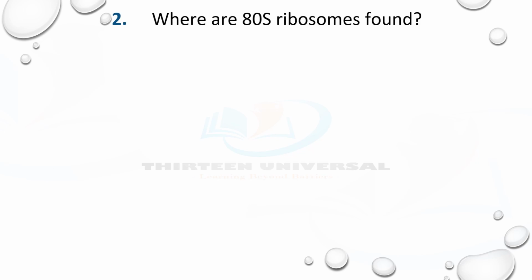All right, let's go to the next question. It says, where are 80S ribosomes found? Chloroplasts: no, they are not found in chloroplasts. Chloroplasts contain 70S ribosomes, which are smaller. Cytoplasm of eukaryotes: yes, they are found in the cytoplasm of eukaryotes, which contains 80S ribosomes.